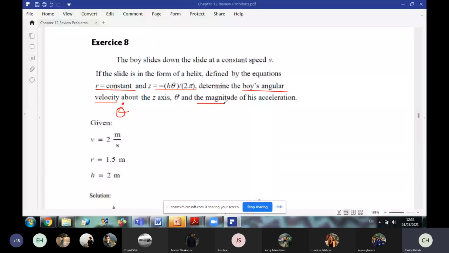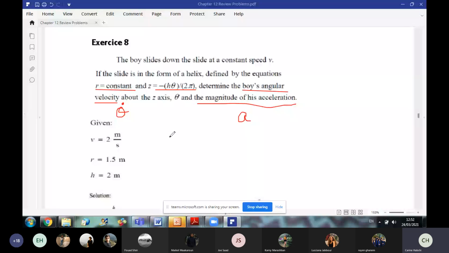So we want to determine a. Okay, this is the question. So here we are working in cylindrical coordinates, because we are given the equation as a function of theta, and we know that r is constant. So all we have to do here is to remember what are the equations in cylindrical coordinates.